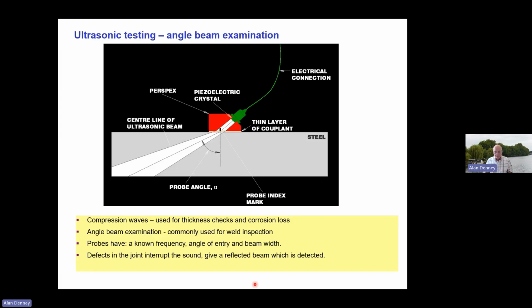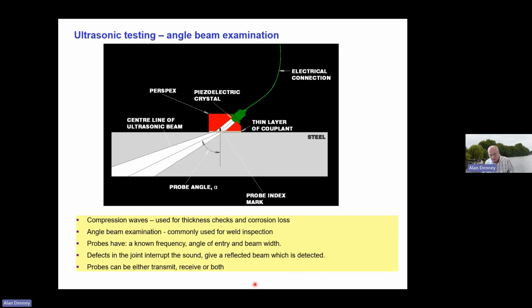And the whole principle is what you've just seen, that the defects in the joint interrupt the sound and give a reflected beam, which is detected. It comes back to the probe, because we're talking about probes which transmit and receive, and that's displayed on the screen that you saw in the previous images.